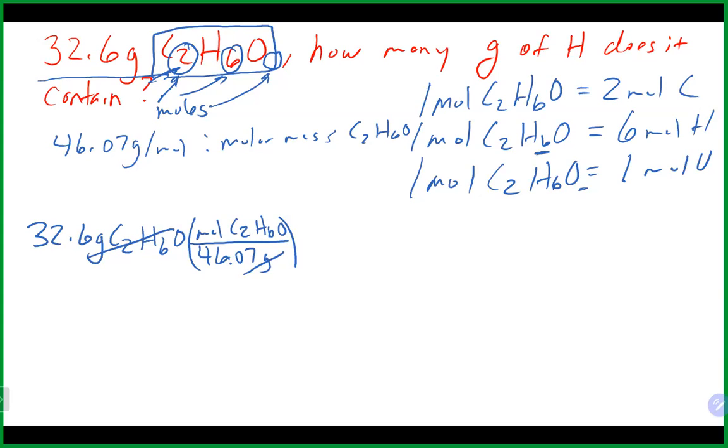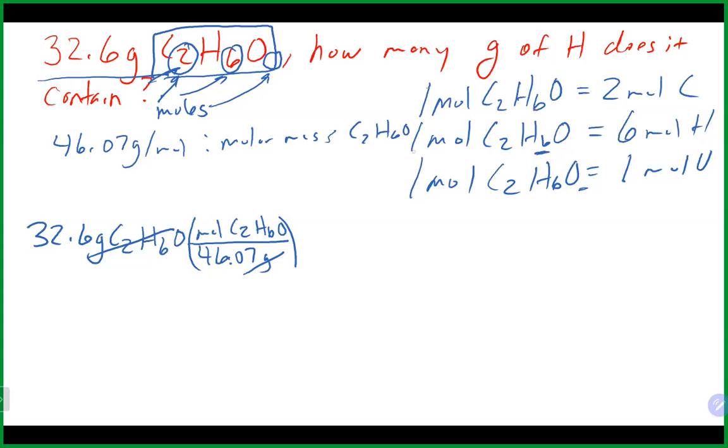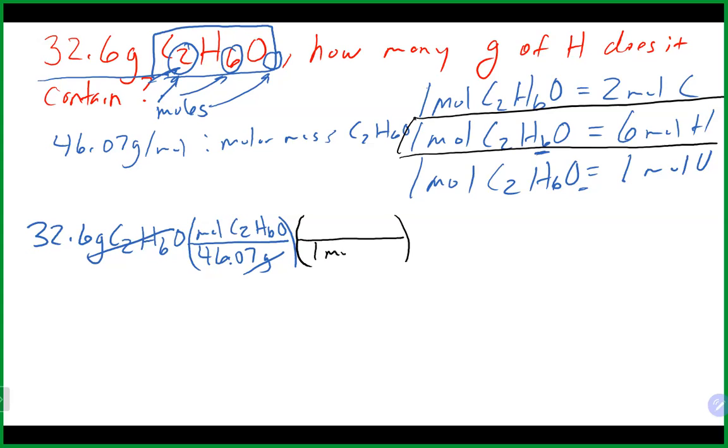And that is good because I do want to get to hydrogen. So that's going to allow me to use the conversion factor that I see here, which comes from the actual formula. And I'm going to use that just like dimensional analysis. So I want to get rid of the whole thing. So I'm going to put 1 mole of the whole thing on the bottom.